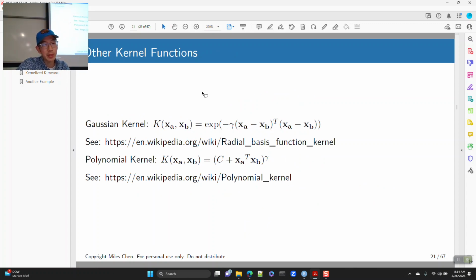One of the most popular kernels is the Gaussian kernel, which is equivalent to doing this if you have XA and XB. And again, unfortunately, the equivalent transformation function goes into infinite dimensional space based on the Taylor expansion of the exponential function. And I suppose we could find an approximation if we just use the first 5 terms of the Taylor expansion or something like that.